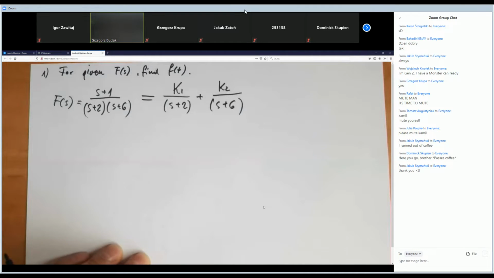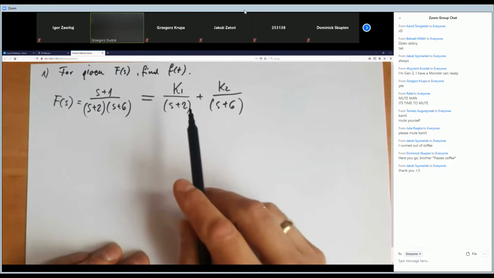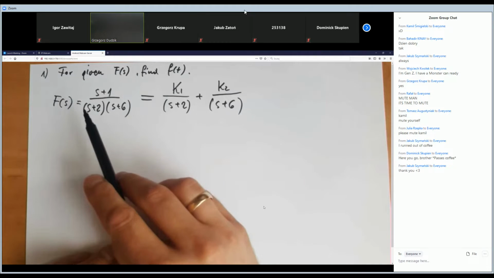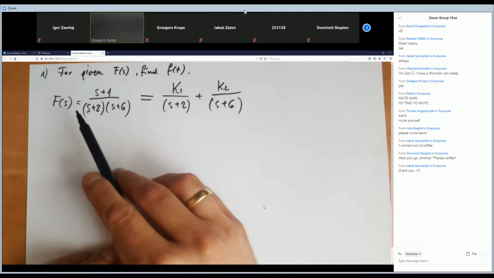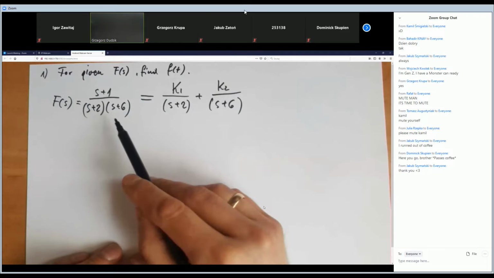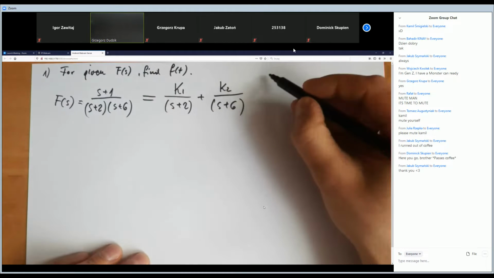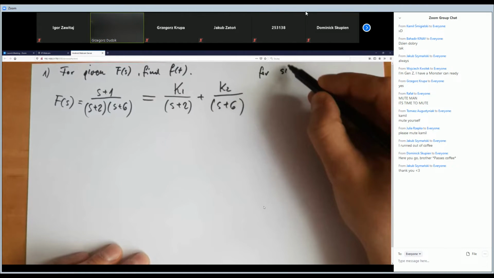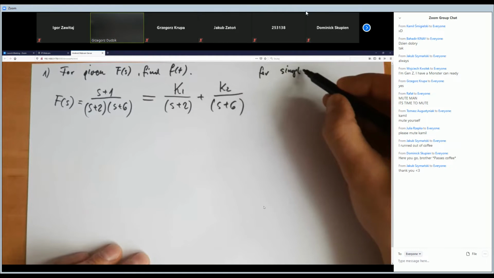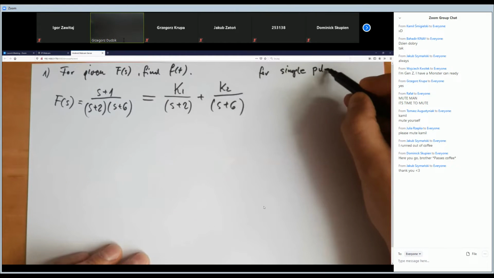As you see, this case where we have just simple components like s plus 2, s plus something, is an example for simple poles.